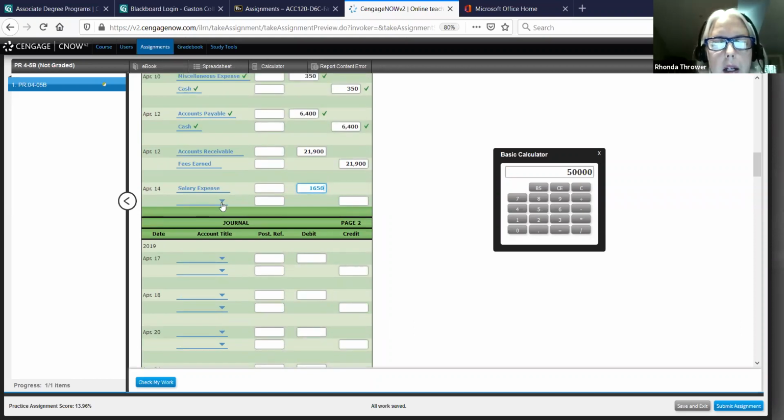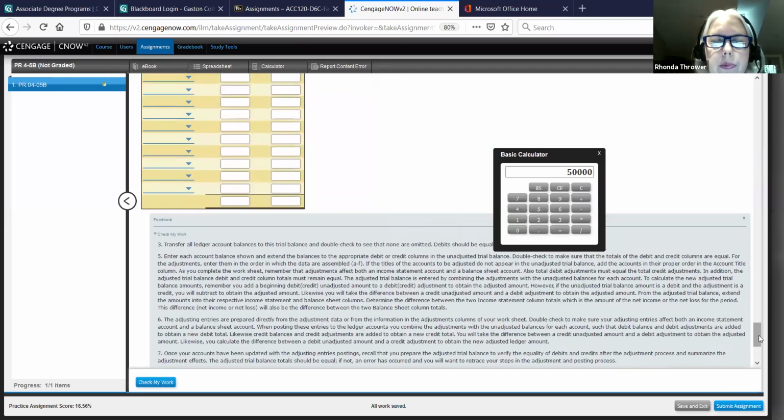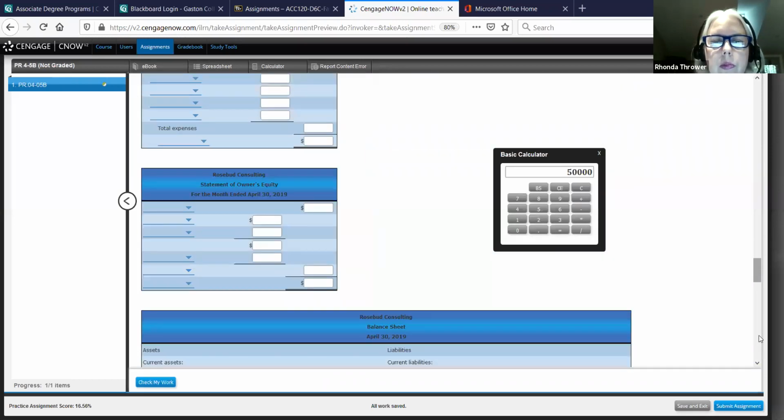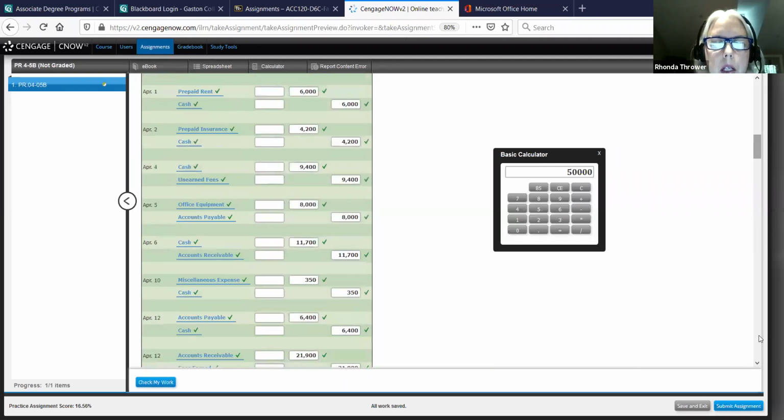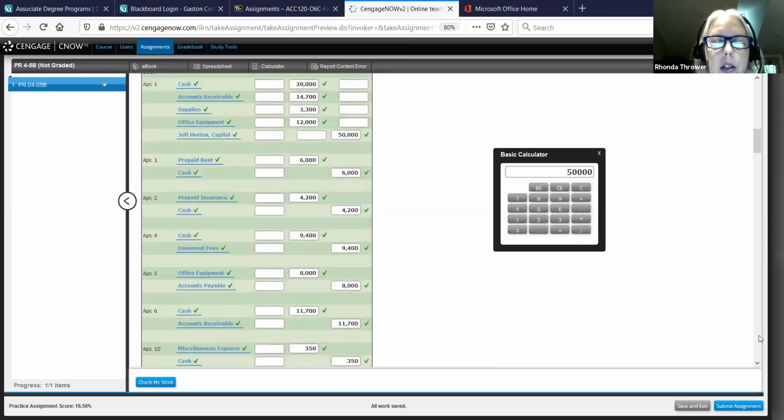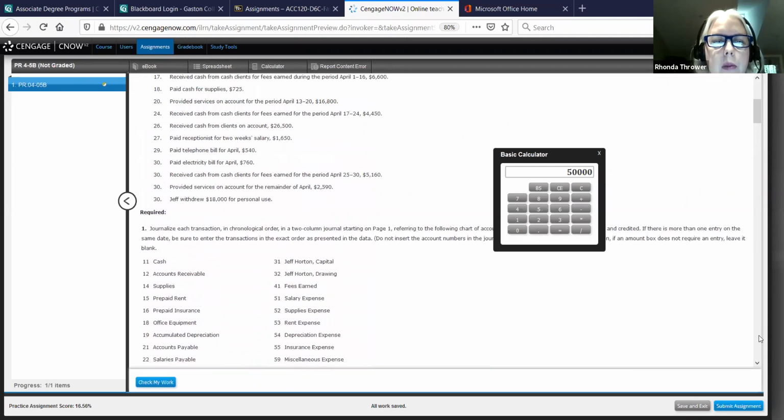And we're going to credit our cash account for $16.50. And you're going to check your work. And as you can see, we've got everything on the first page recorded properly.